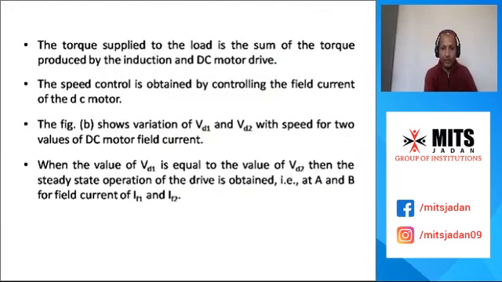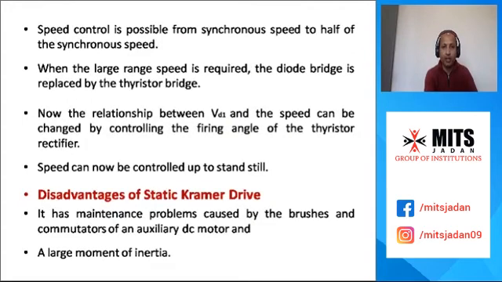When we are using the static Kramer drive, speed control is possible from the synchronous speed to approximately half of the synchronous speed. When we require a large range of speed control, the diode bridge rectifier must be replaced by a thyristor bridge rectifier.